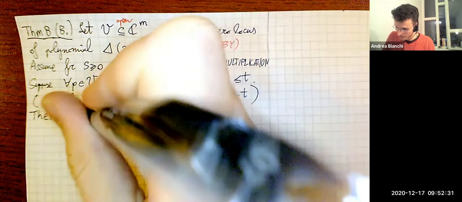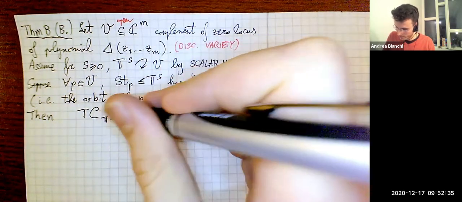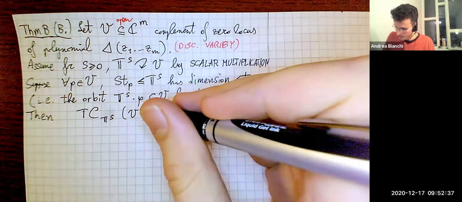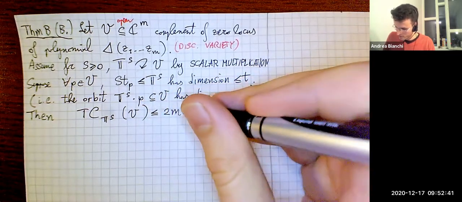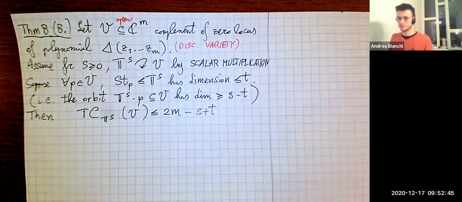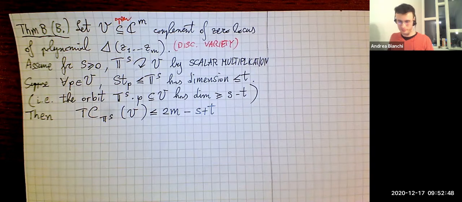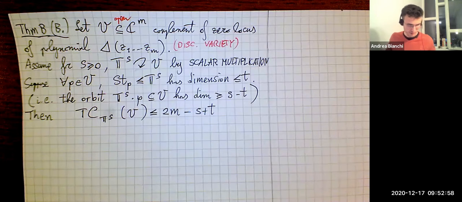The conclusion is that the equivariant topological complexity of this variety V is at most 2m minus s plus t. And this is the more general theorem, an application of which is the previous theorem.